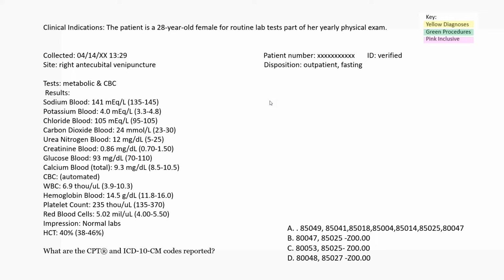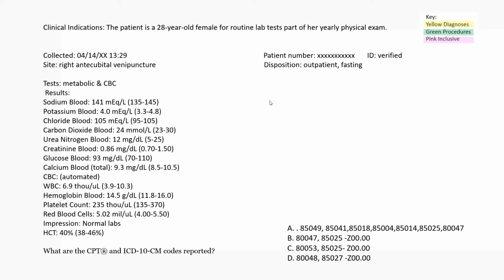Urea nitrogen blood 12 milligrams per deciliter, 5 to 25. Creatinine blood 0.86 milligrams per deciliter, 0.70 to 1.50. Glucose blood 93 milligrams per deciliter, 70 to 110. Calcium blood total 9.3 milligrams per deciliter, 8.5 to 10.5.